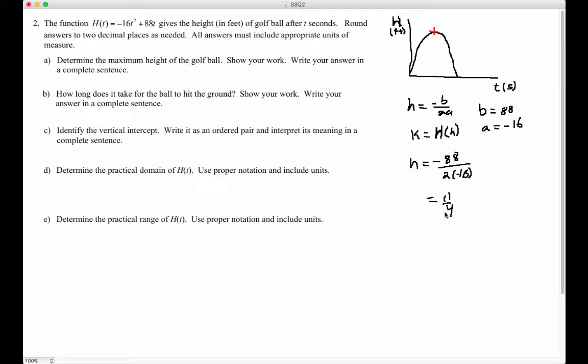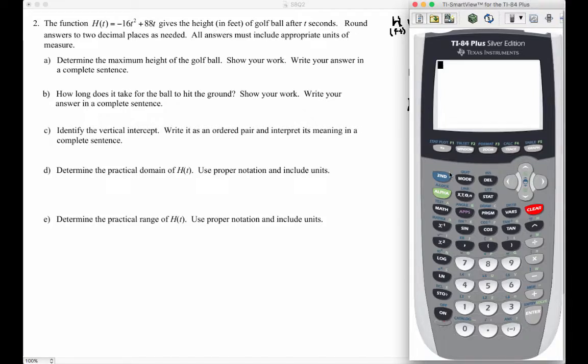Okay, so now we want to plug that into our calculator, because I certainly do not want to work that by hand. So let's go ahead and get the calculator up here. We know that we're going to take negative 16, multiply that by 11/4 squared, and then add to that 88 times 11/4.